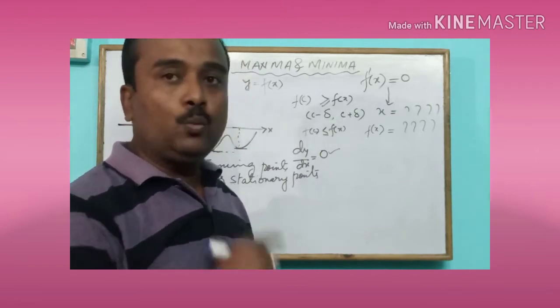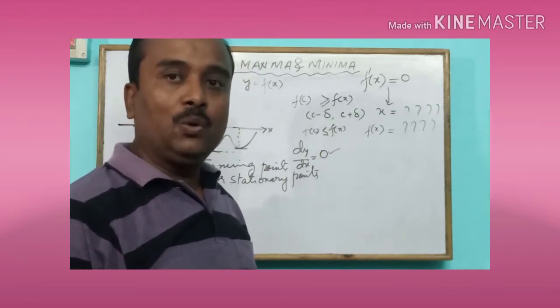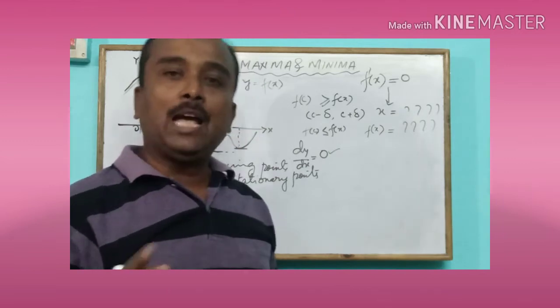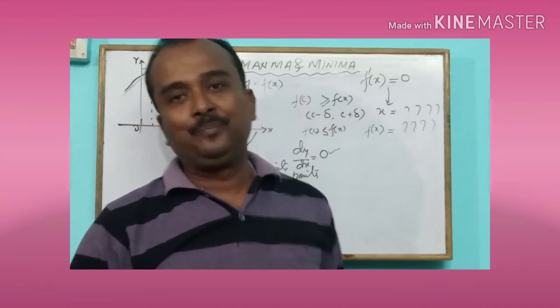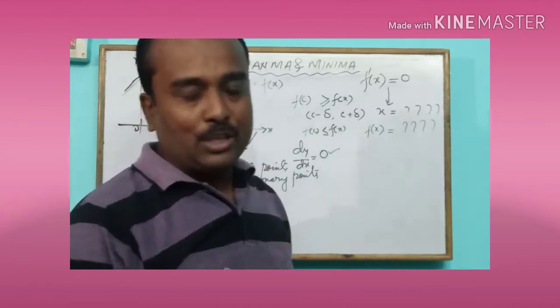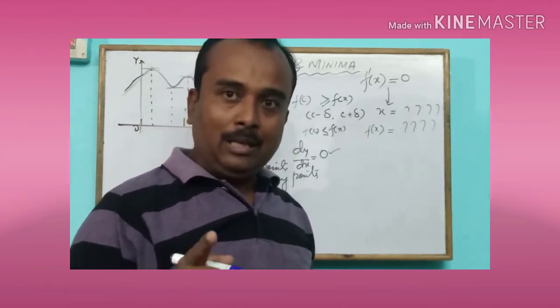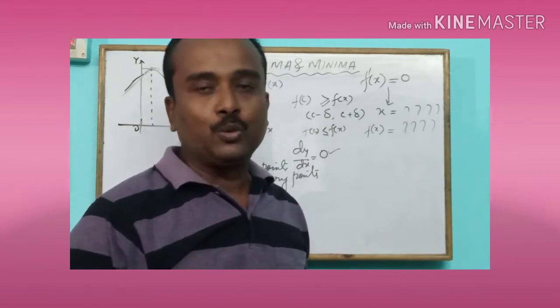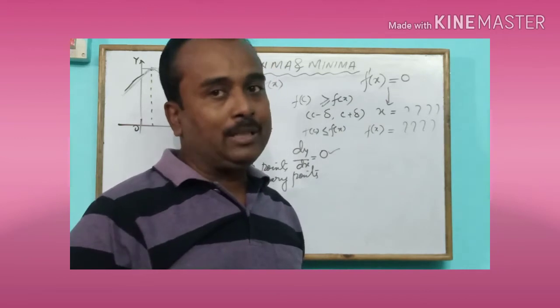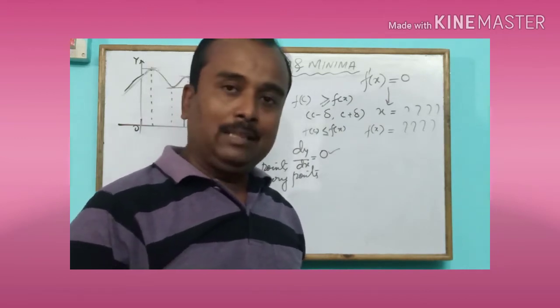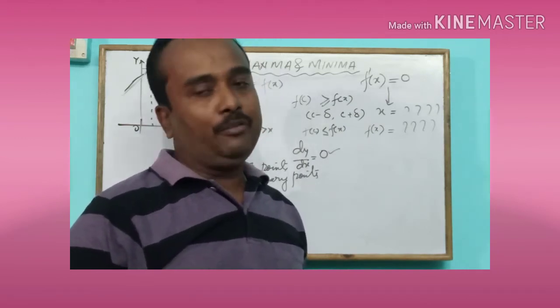This is the working rule for finding the absolute maxima or the absolute minima for a given function in its given domain. So I think you have understood the concept and its working rule. Let us move on to the examples to understand how to calculate the absolute maxima and the absolute minima of a given function.